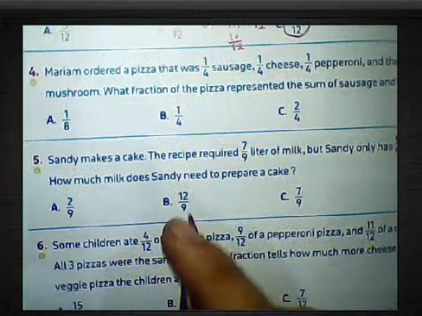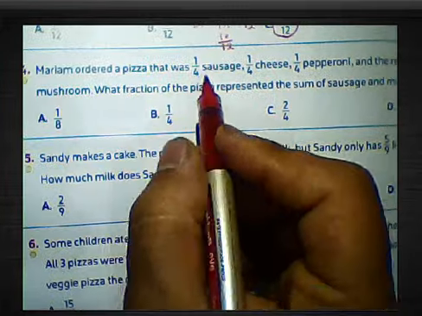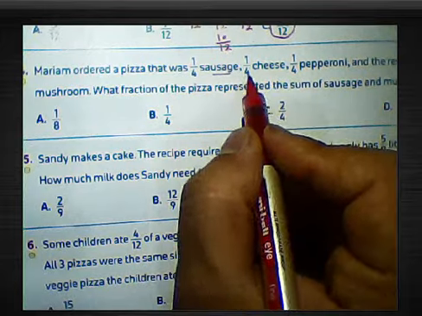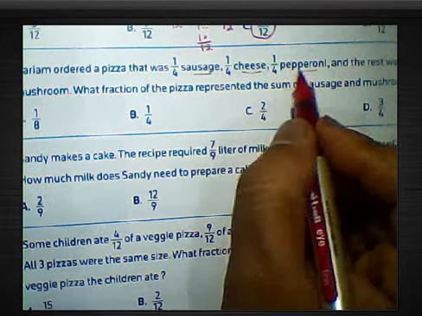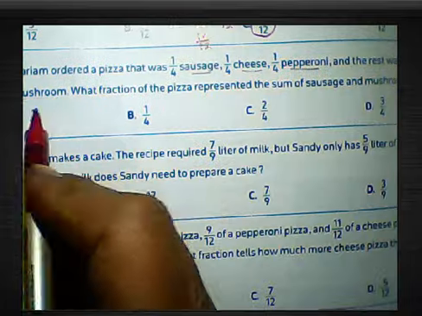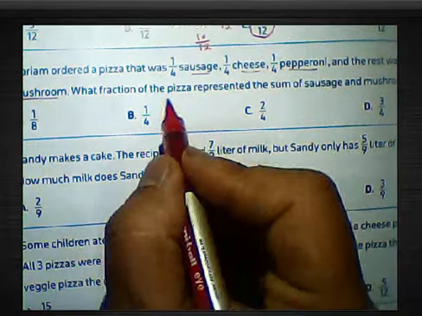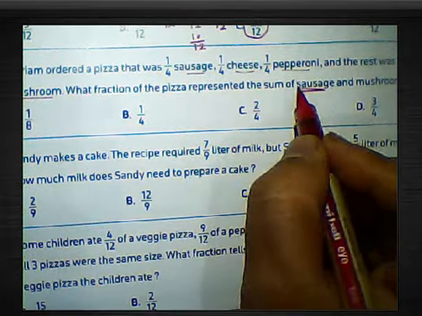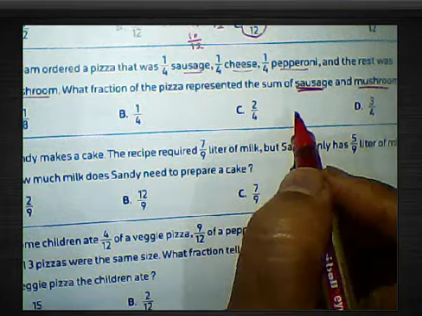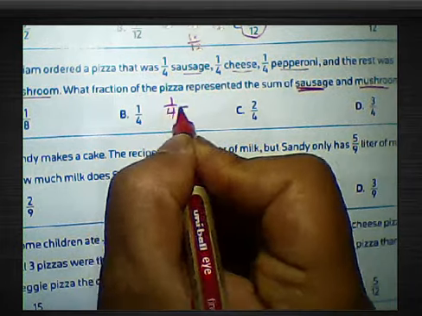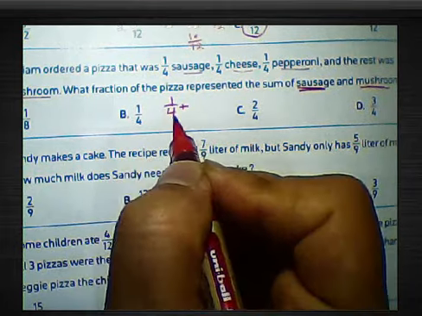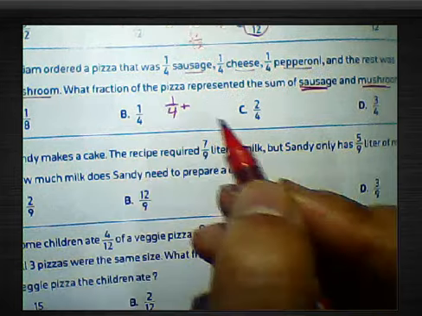Miriam ordered a pizza, one fourth cheese, one fourth pepper, and the rest was mushroom. What fraction of the pizza represents the sum of cheese and mushroom?